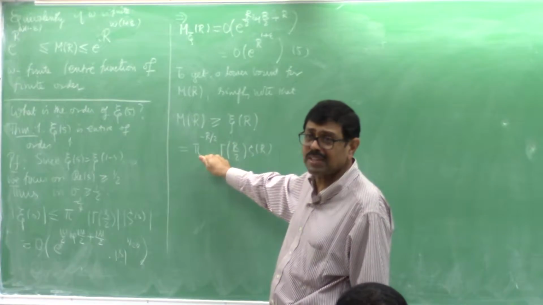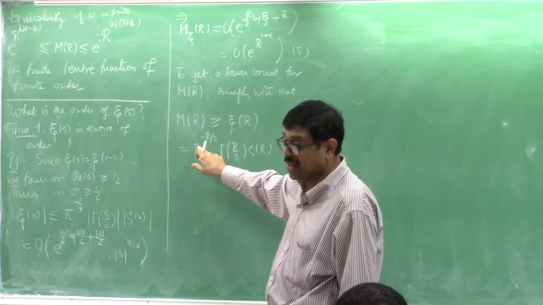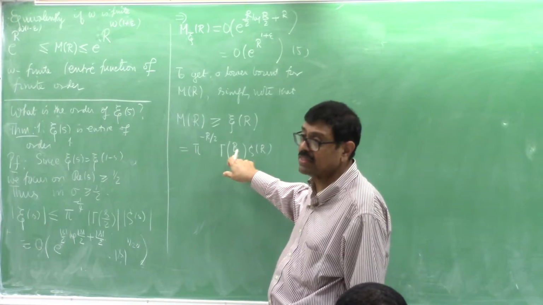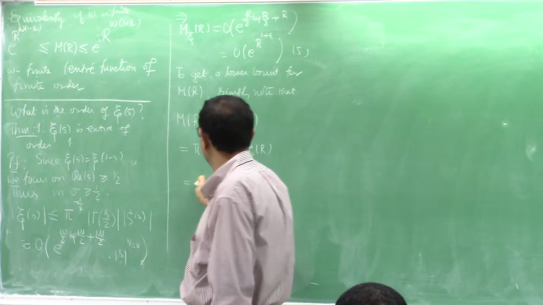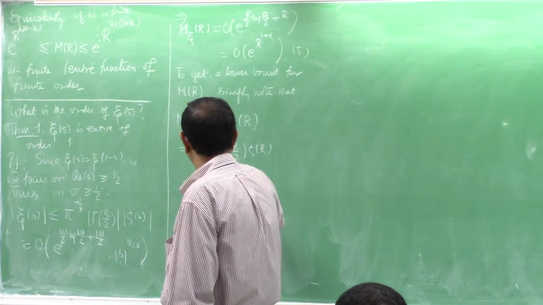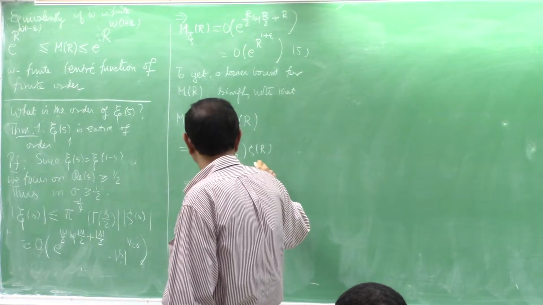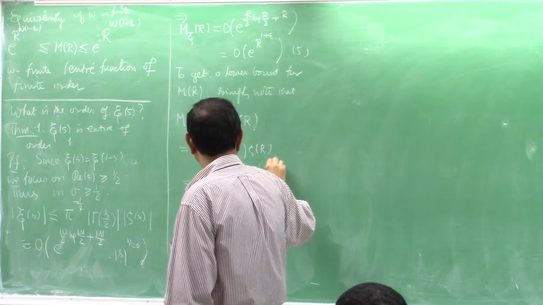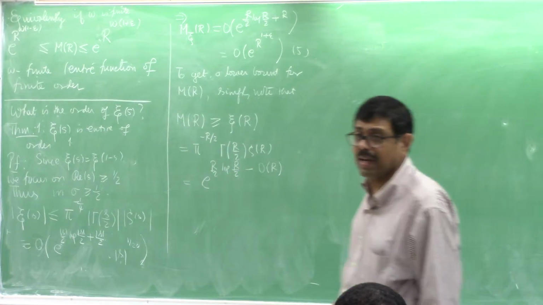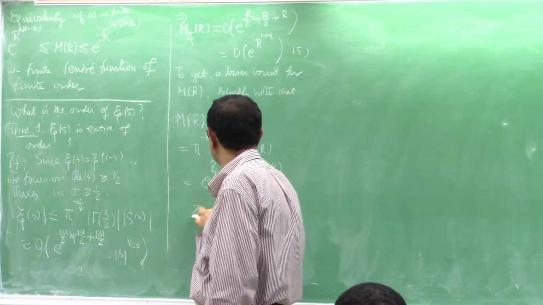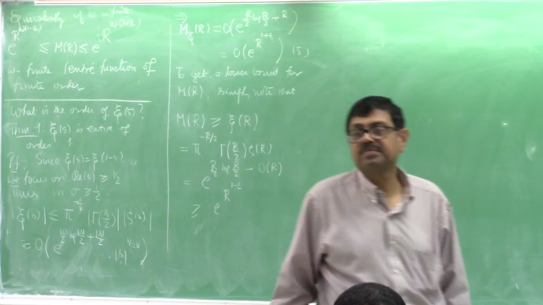This is only decreasing as a function of R. But it does not decrease as fast as this increases. This is a factorial. So this is equal to e to the power R over 2 log R over 2 minus a quantity which is of the order of magnitude of R. Positive. And therefore, this is greater or equal to e to the power R 1 minus epsilon.